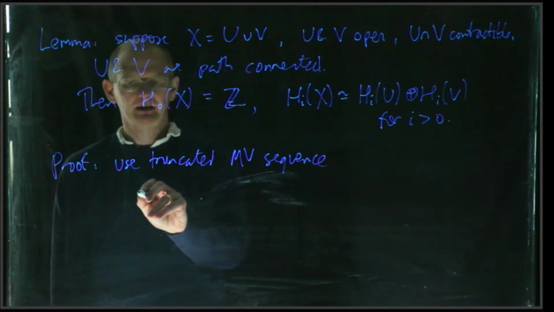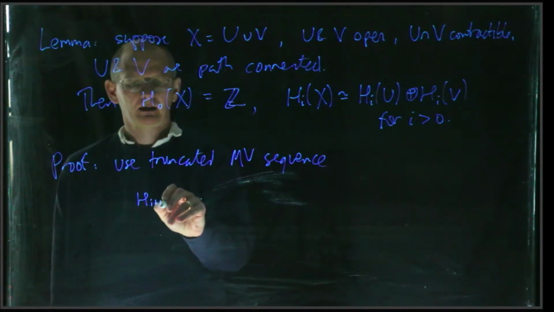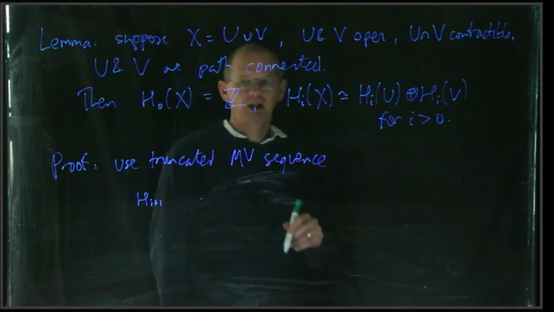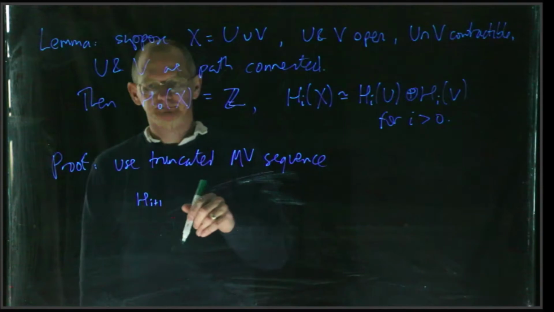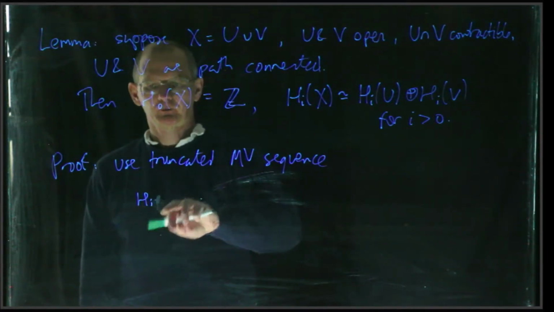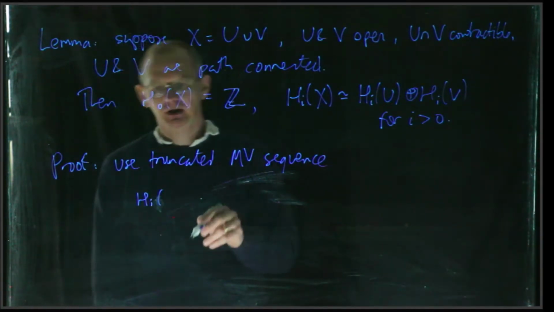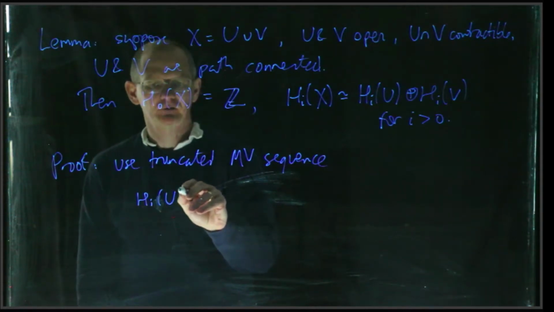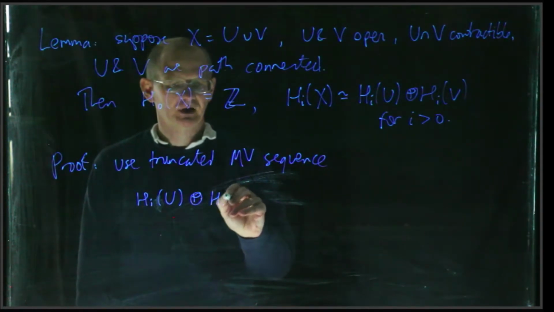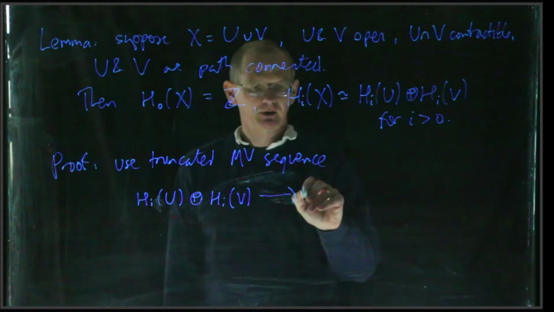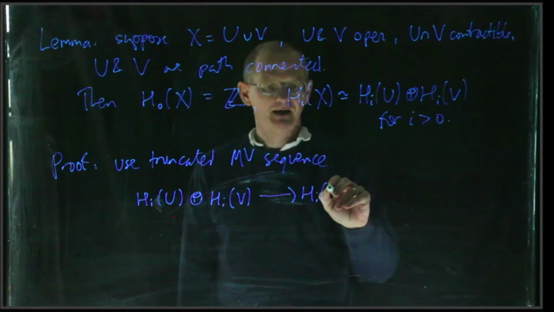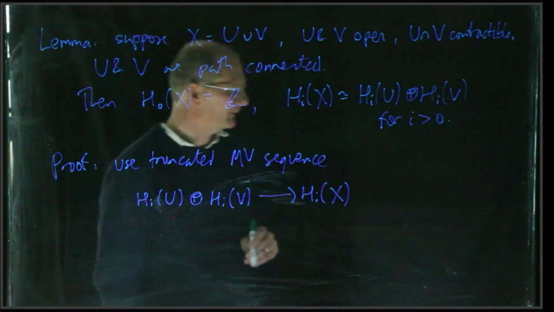So what do we get? We get Hi of U direct sum Hi of V. That goes to Hi of X. That's the one that we're mostly interested in.